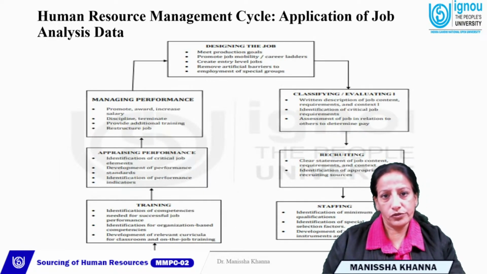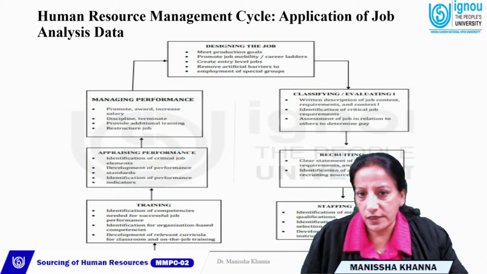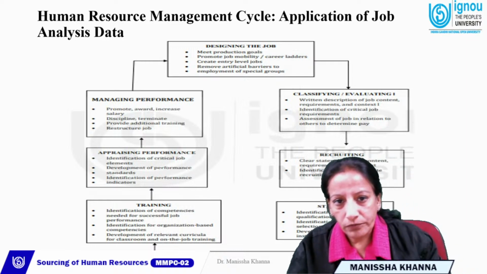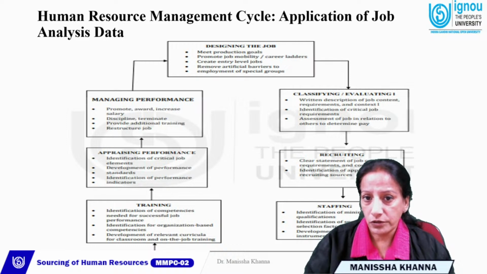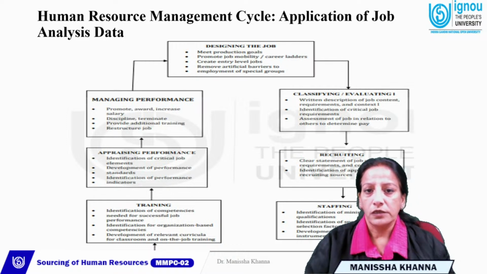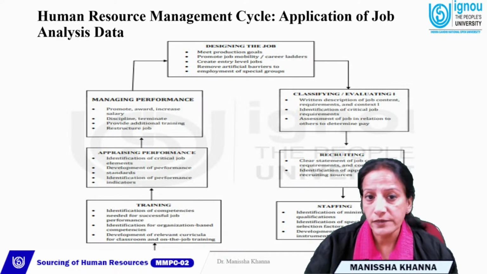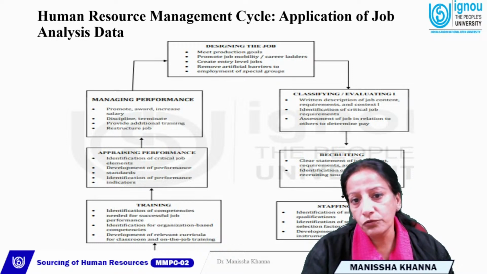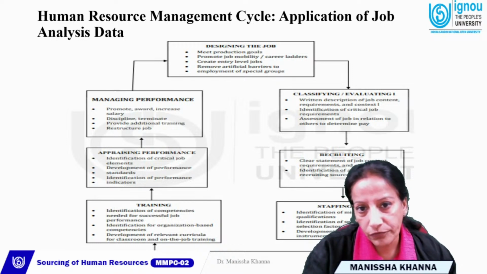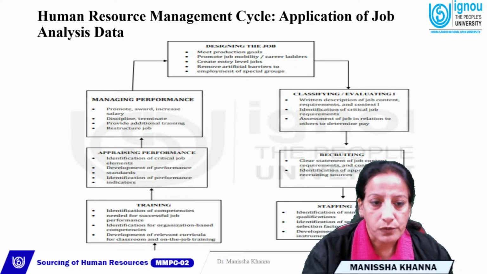Let's see the human resource management cycle and where the job analysis data is applied. When we design the job, it should meet the production goals. It should have career ladders. While designing the job, it should remove artificial barriers and provide employment to special groups as well.